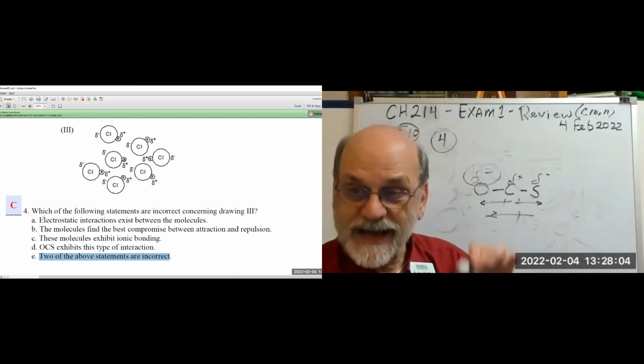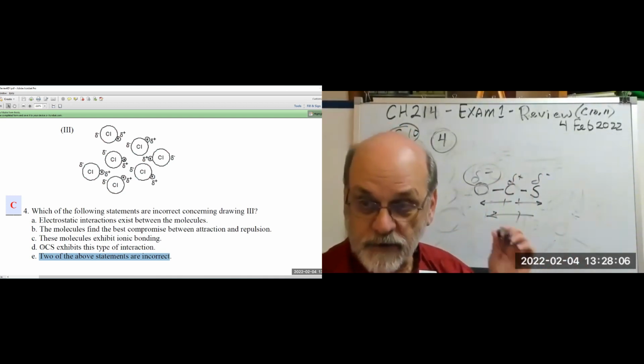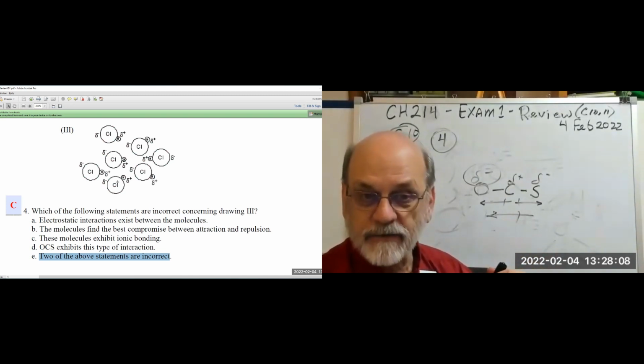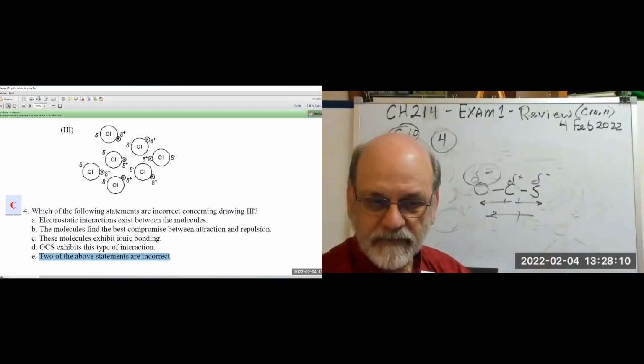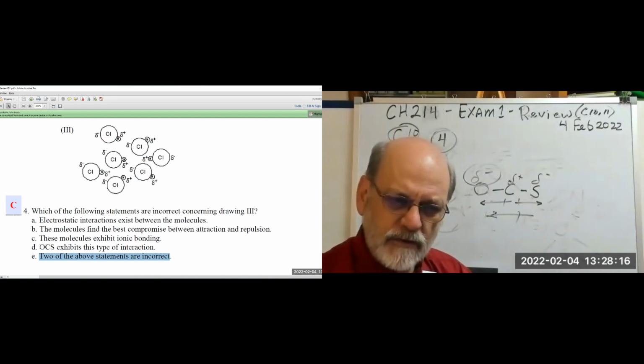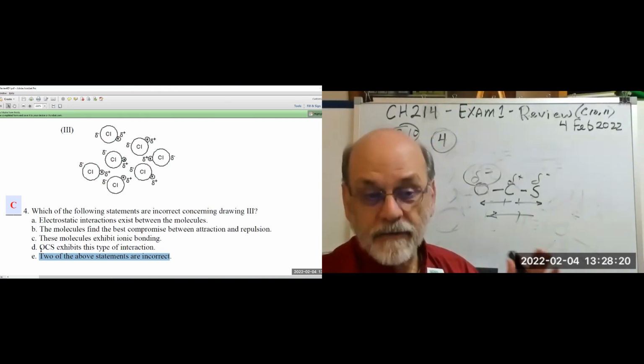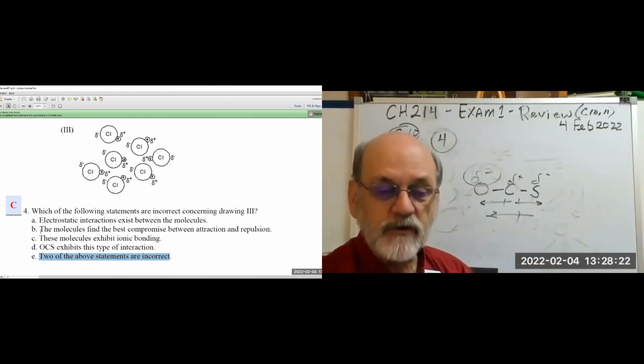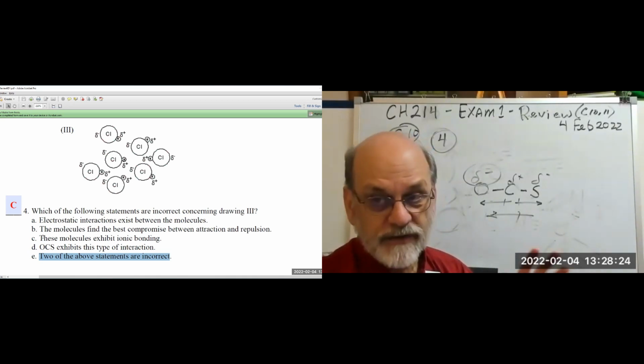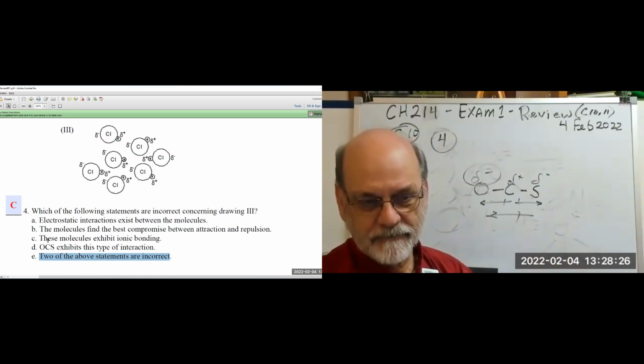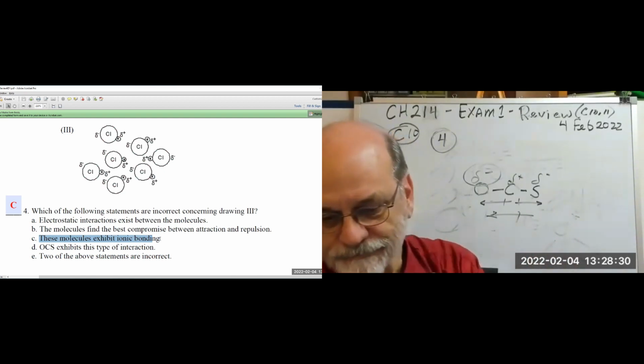So you can get the same type of electrostatic interactions for this molecule as you can for hydrogen chloride. So that means, well, if that's true, then two of the above, oh no, are incorrect. D is true, A is true, B is true, C is the only one that's not correct. So C is your answer.